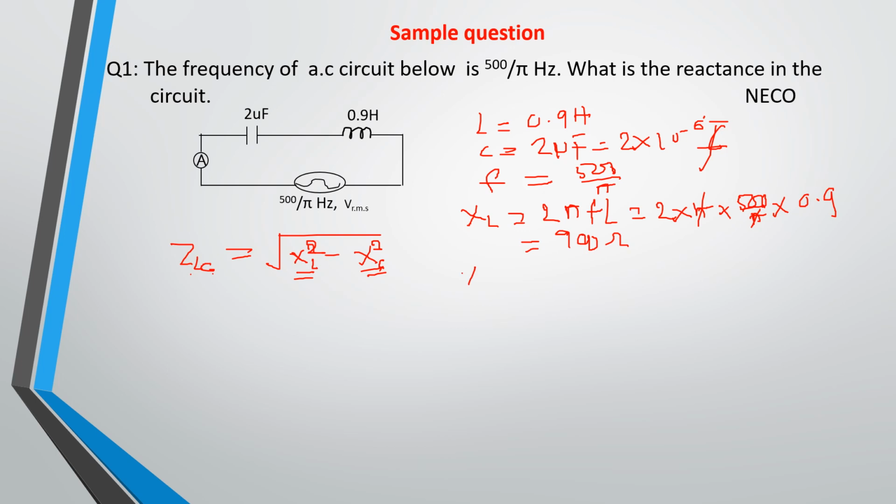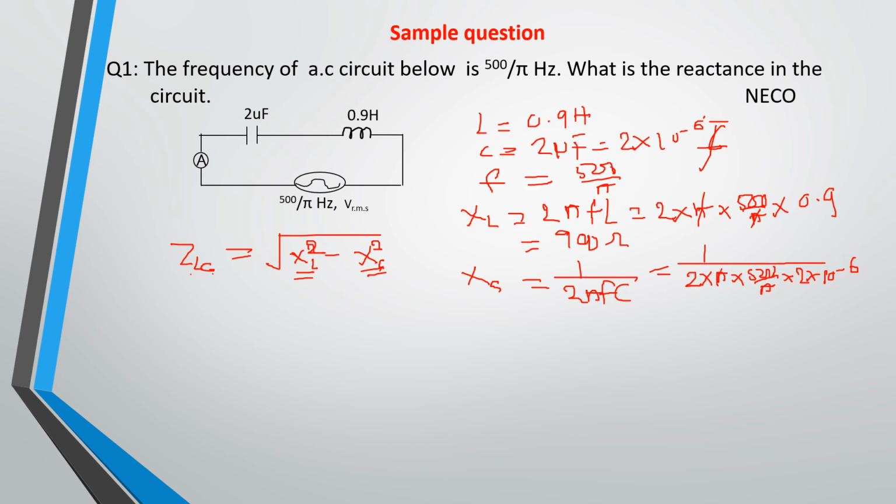Then XC, which is capacitive reactance, is equal to 1 all over 2 pi FC. So you substitute into this equation, you are going to have 1 all over 2 times pi times 500 all over pi times 2 times 10 raised to power minus 6.